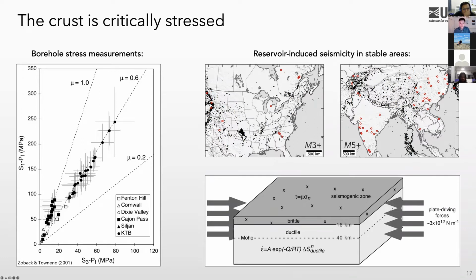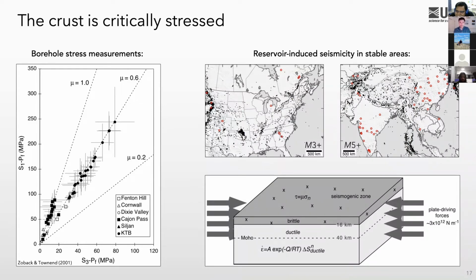Another piece of evidence is the occurrence of reservoir-induced seismicity, even in very stable areas. So I'm showing both the eastern parts of the US and Southeast Canada on the left here, and parts of Asia here on the right. In both cases, the black dots represent seismicity, and the red circles are cases of suspected reservoir-induced seismicity. These are cases where a reservoir was impounded, and in many cases, a major earthquake occurred.